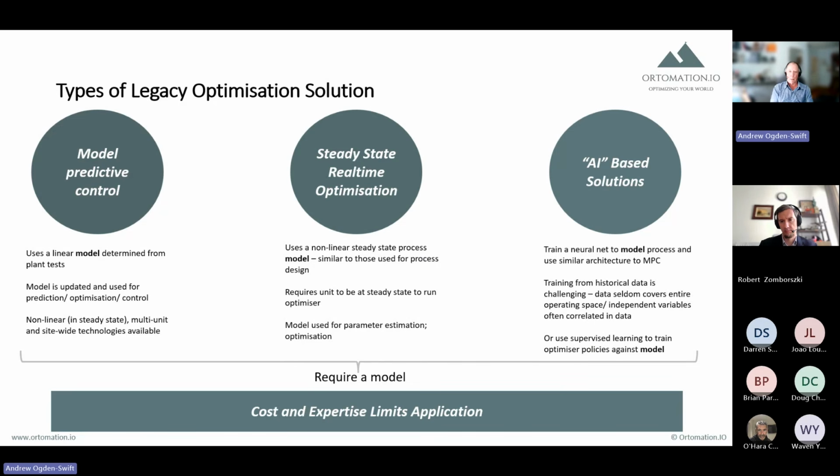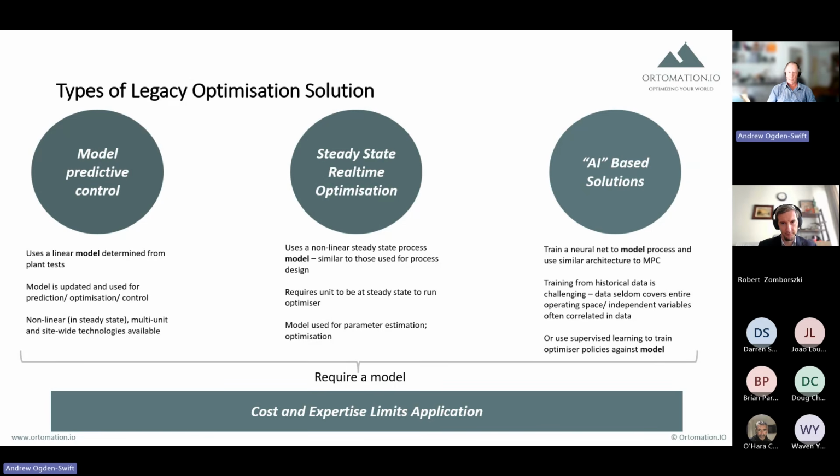The second class is what's referred to as steady-state real-time optimization. These use nonlinear steady-state process models, similar to those used for process design. So things like the sorts of HYSYS, Pro2, gPROMS type tools that are used for process design. Typically, these require the unit to be at steady state for the optimizer to be run.